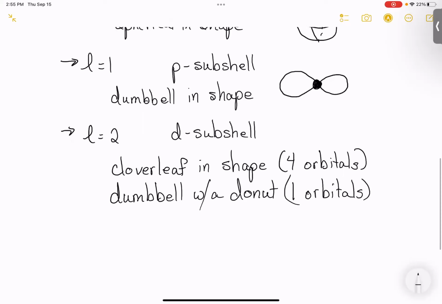What that means is 4 of them will be somewhat like a 4-leaf clover with the nucleus in the middle. The one that is the oddball is dumbbell shape, but it has a donut that goes around it.